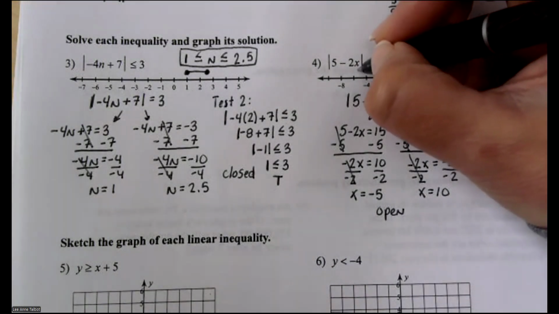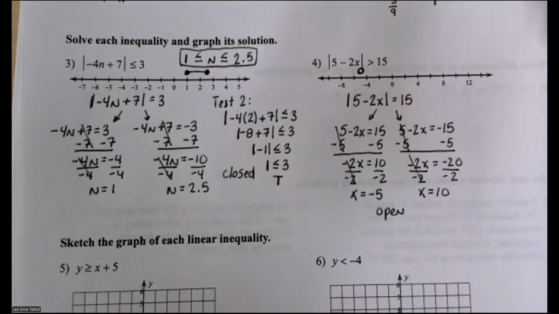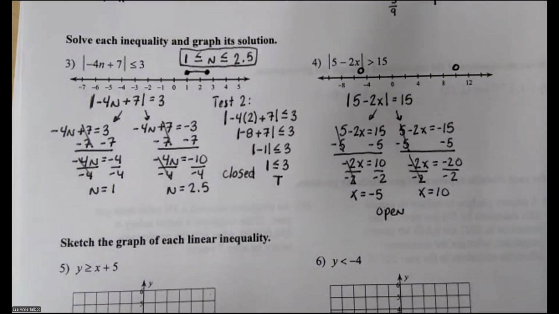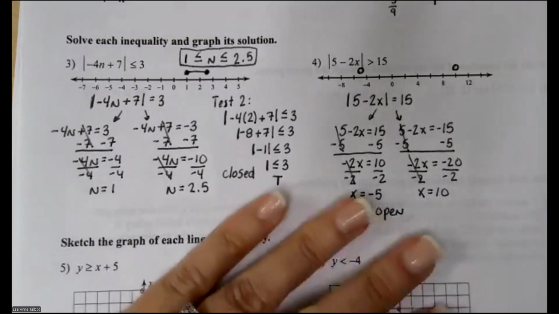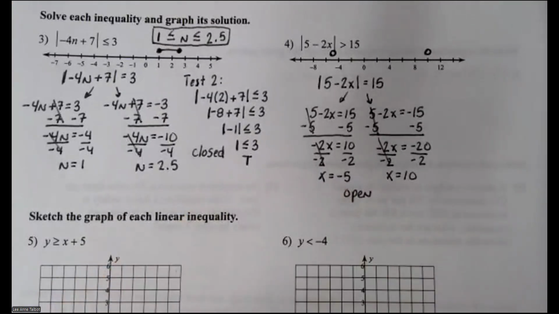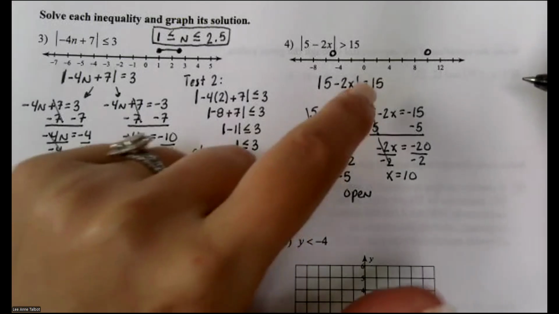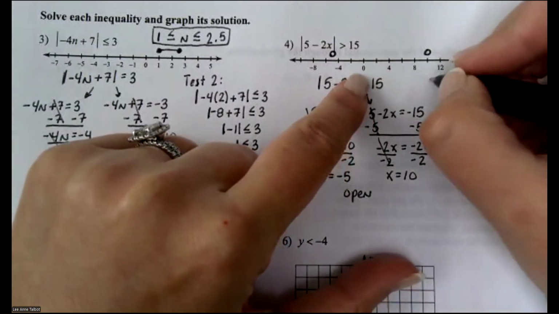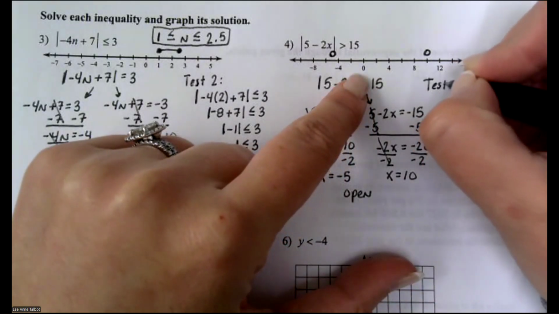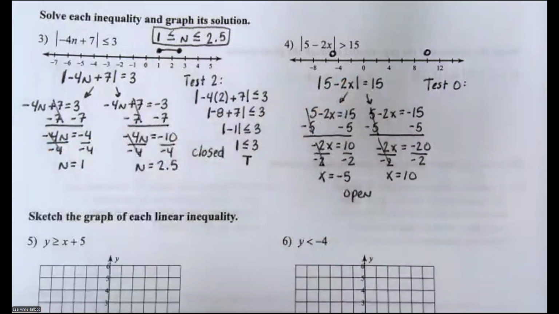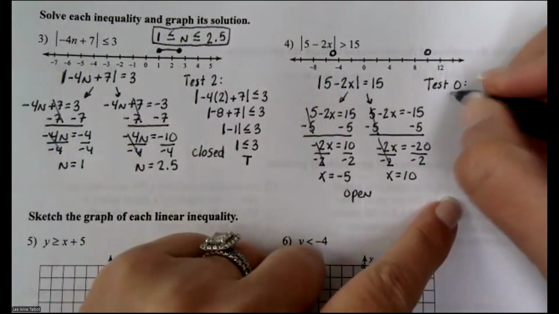Okay, so -5 would be right here, and 10 would be right here. And what's our best option for testing? 0. I mean, you can test anything in between. I'm going to choose 0 every time it's an option because I'm lazy.